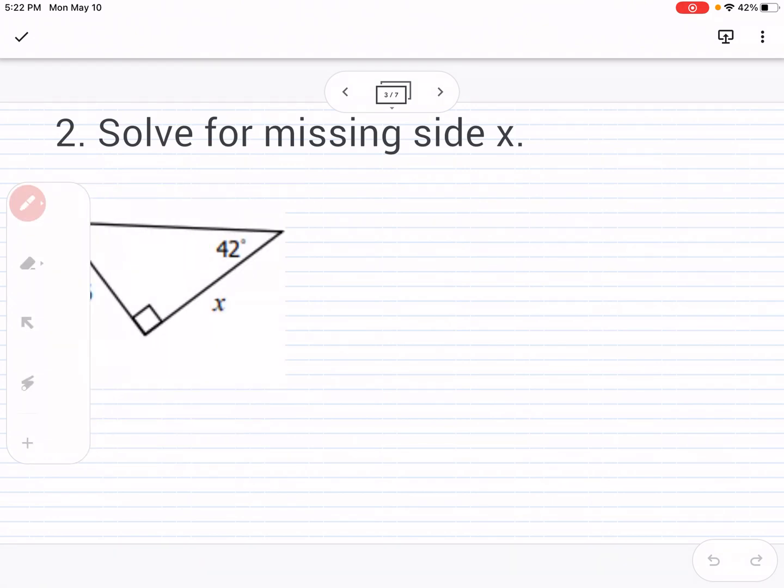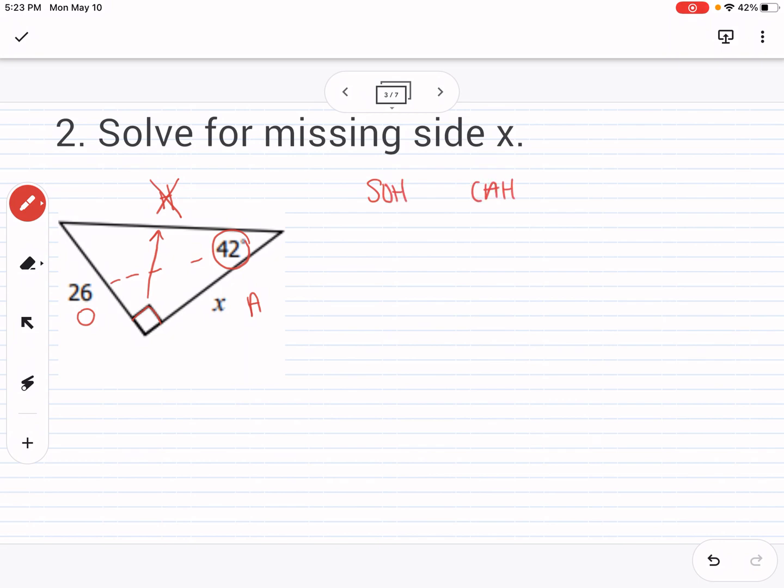On this next problem, we're going to label our sides. Opposite the 90 is our hypotenuse. My angle is 42. Across or opposite of that is my O. The leftover side is A. Since H is on the blank side, we're going to cross it out. The letters that I didn't cross out are O and A, and O and A come out in TOA, so I'm going to be using TOA.